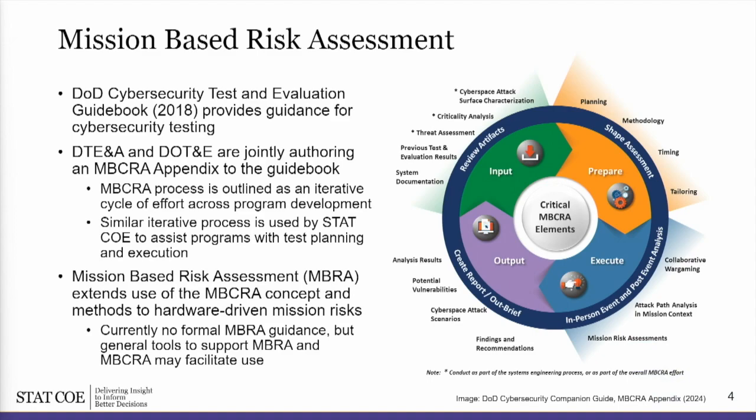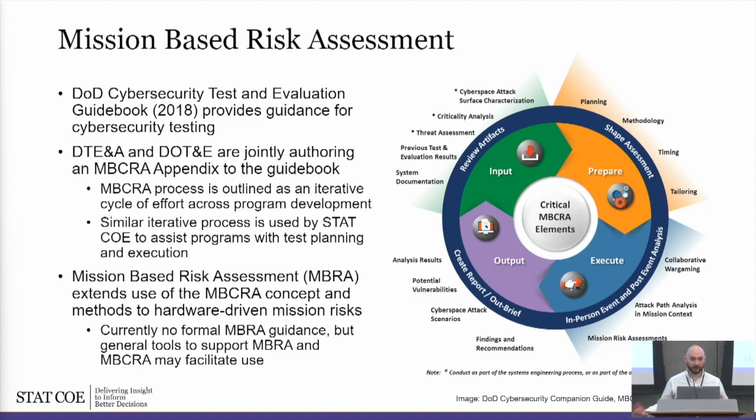So I've snagged this graphic from them, but it walks through the process that they go through for gathering inputs to an MBCRA in terms of threat assessment, criticality analysis, characterization of the cyber attack surface, and doing some preparation, which is a lot more of the programmatic side of setting up to do this event.